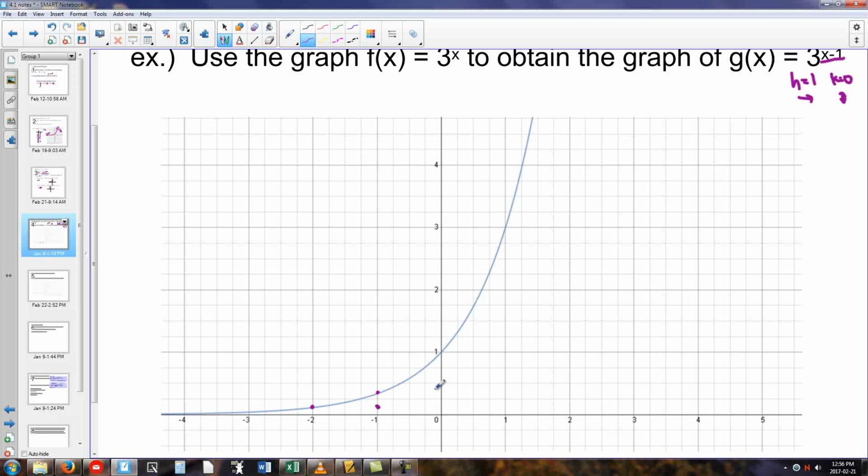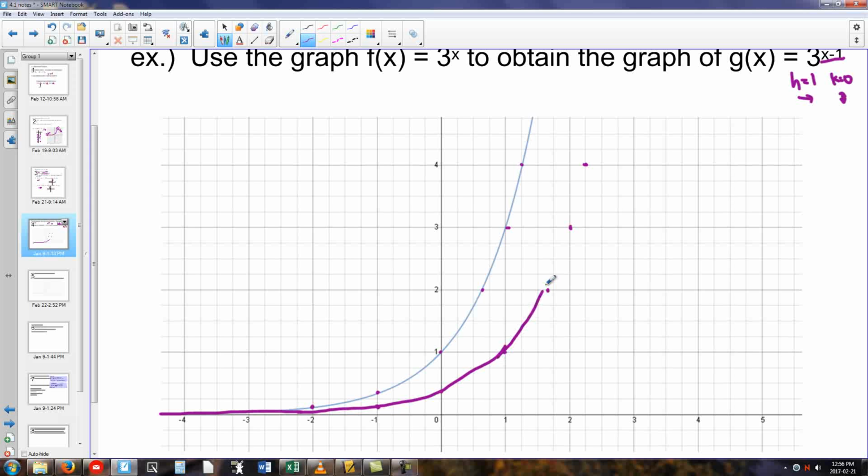I could take this point right here and come 1 to the right. I could take this point right here and come 1 to the right. Here to about here. Here to here. There to about there. And we can see that we get the same sort of equation, graph shape, but it's been shifted always 1 space to the right.